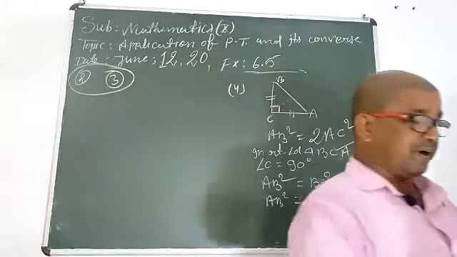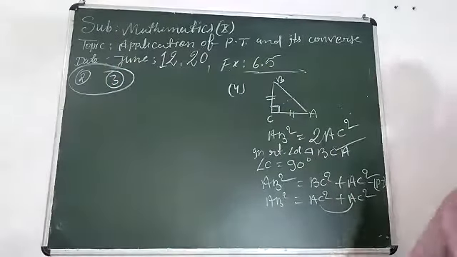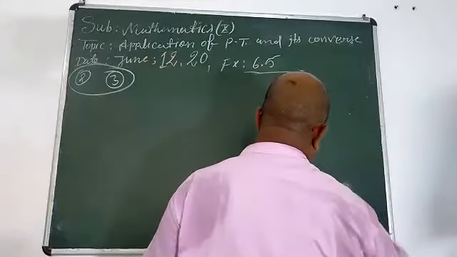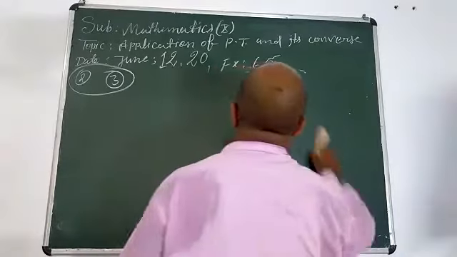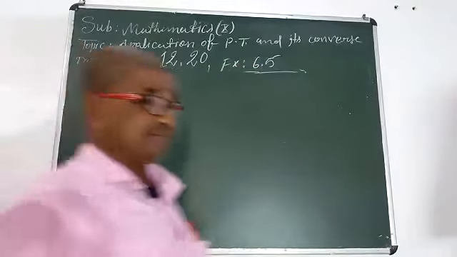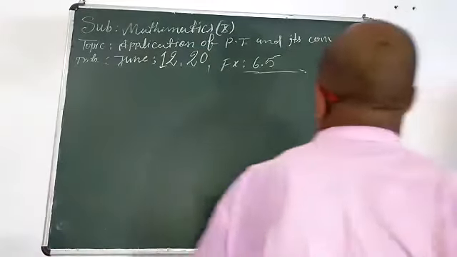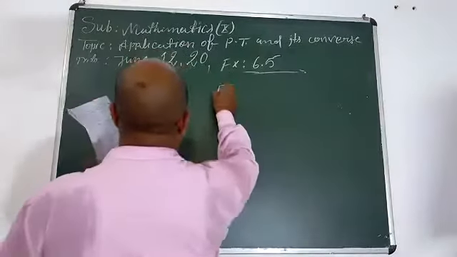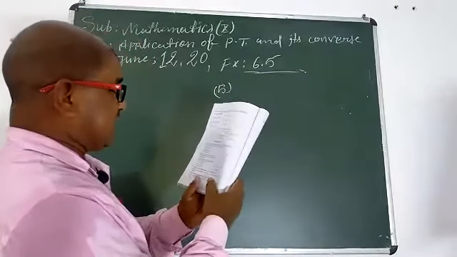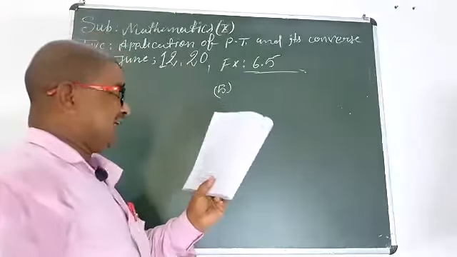Now sum number 5. You should check the relation of the question to the theorem statement. Question number 5: ABC is an isosceles triangle with AC equal to BC.